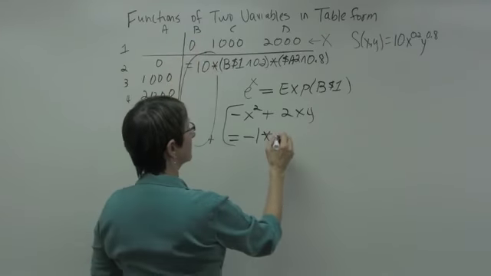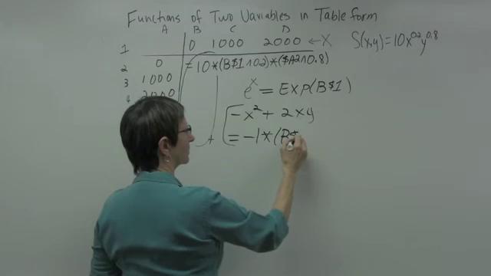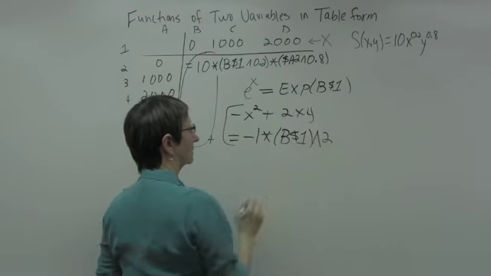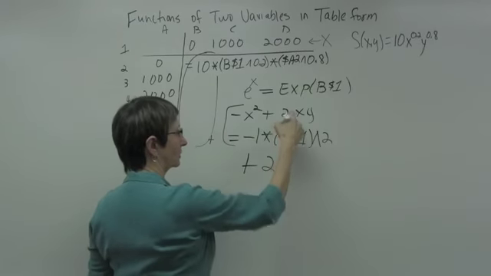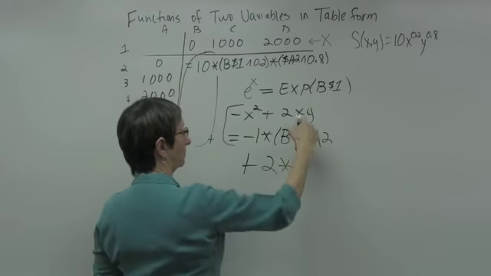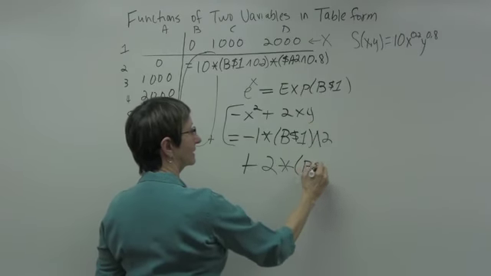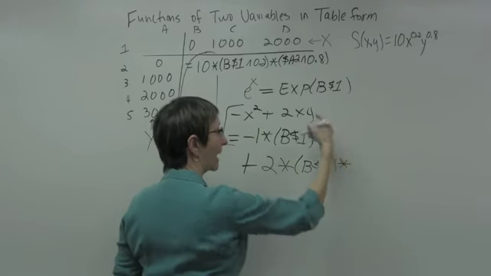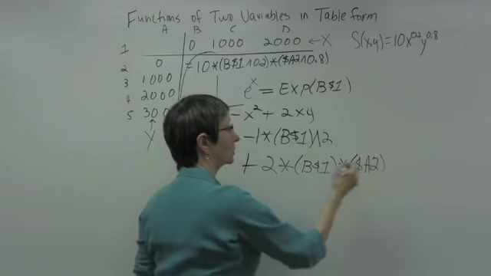Cell B$1 squared plus 2 times x is in B$1 times y, $A2.